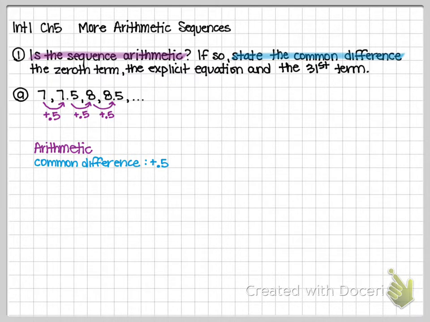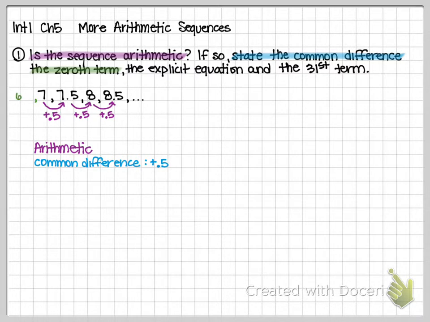All right, moving on. Next, find the 0th term. I'm going to back my way up here. Let's get rid of this A in front, because I do want to go backwards for this. I need to figure out what number, when I add 0.5 to it, gives me 7.